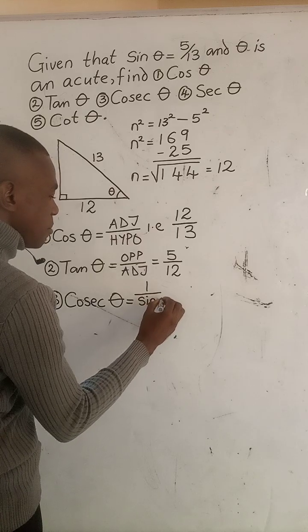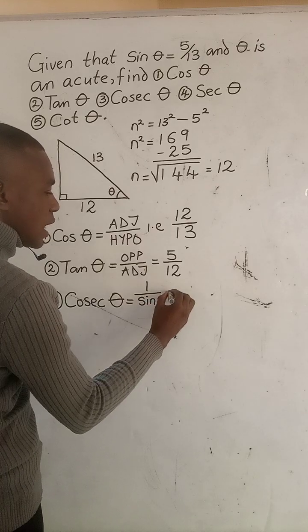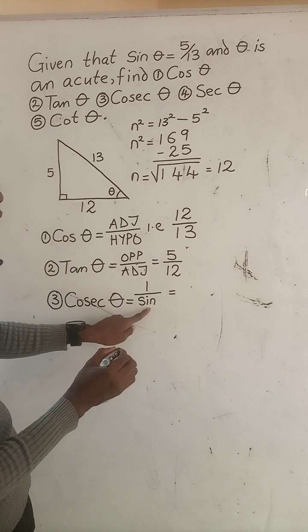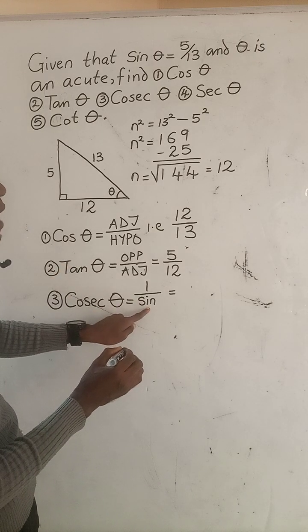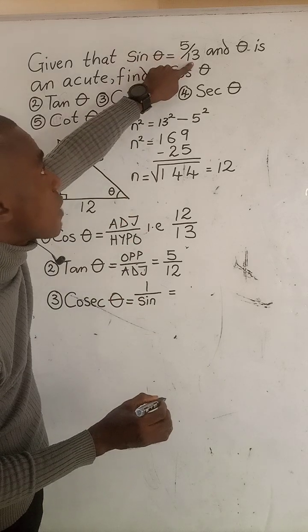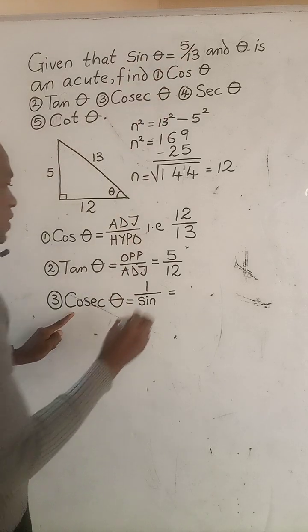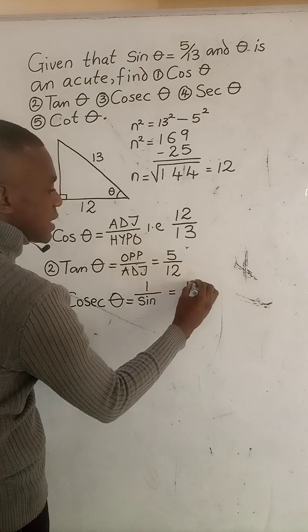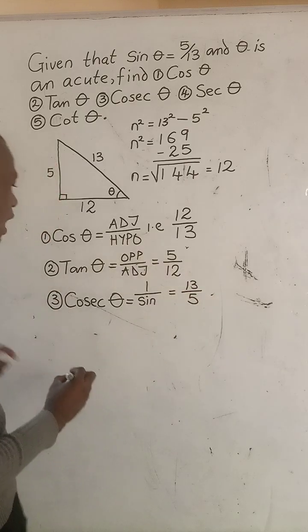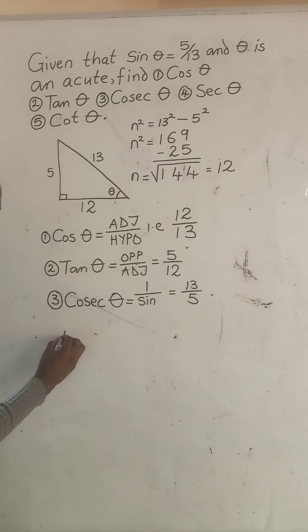So what this means is that we are going to find the reciprocal of sine, and the reciprocal means the inverse of the sine. And the sine that they gave us here is 5 over 13. So the cosec will be 13 over 5. We now proceed to question number 4.